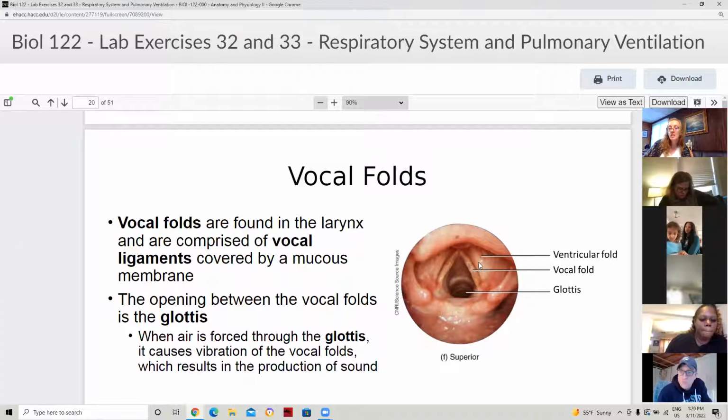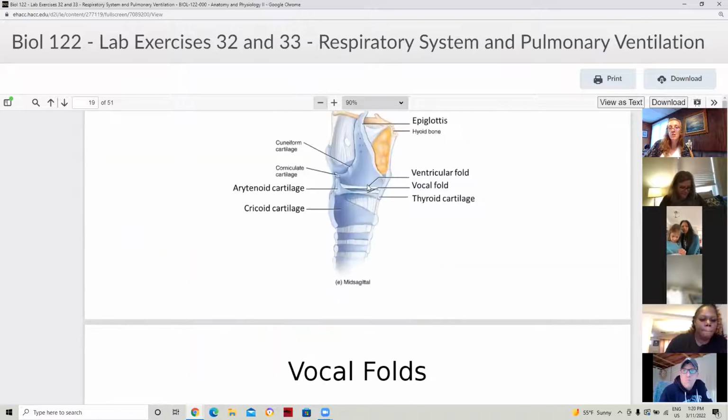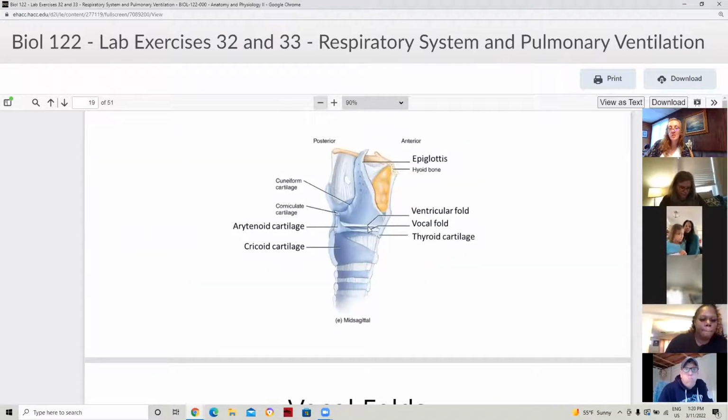Wiley specifically distinguishes between the two. So this is your ventricular fold, this is your vocal fold. Looking up here, this is your ventricular or false fold, and this is your vocal fold.